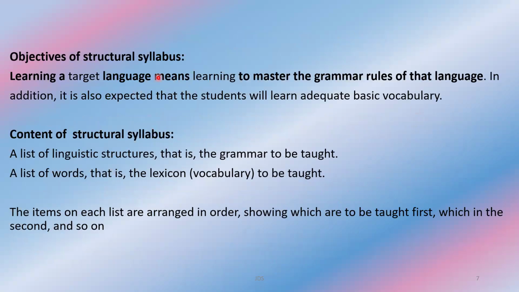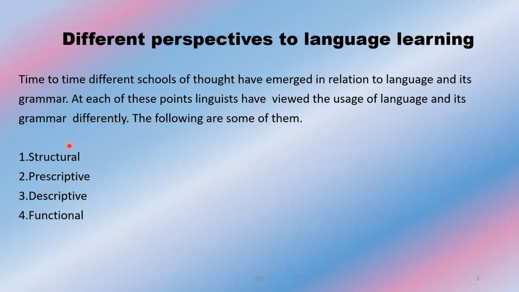Read these objectives of the structural syllabus. Learning a target language means learning to master the grammar rules of that language, right? So that is what structural viewpoint is all about. Ultimately, using these 4 different perspectives, the ultimate aim is to promote language learning in the learner.